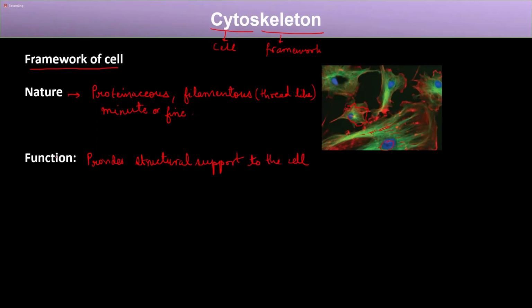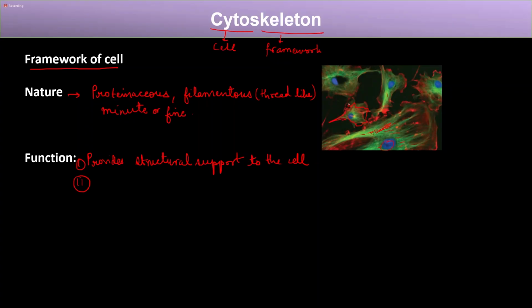So the function we can write is that it provides structural support to the cell. The second thing: if it is providing structural support, it also helps in maintaining the shape of the cell. Because if you see in the diagram, these cytoskeletons are extended in such a way that they are helping in giving this cell a particular shape.